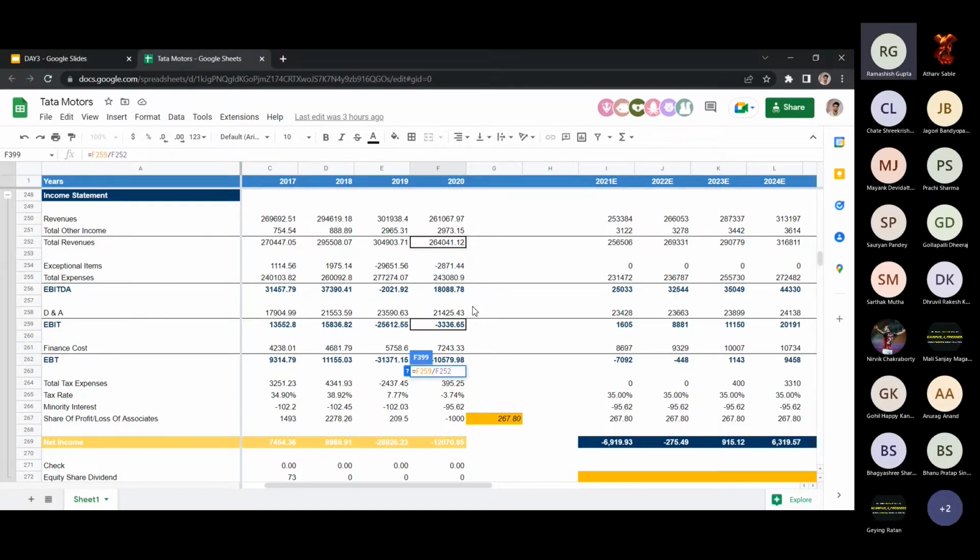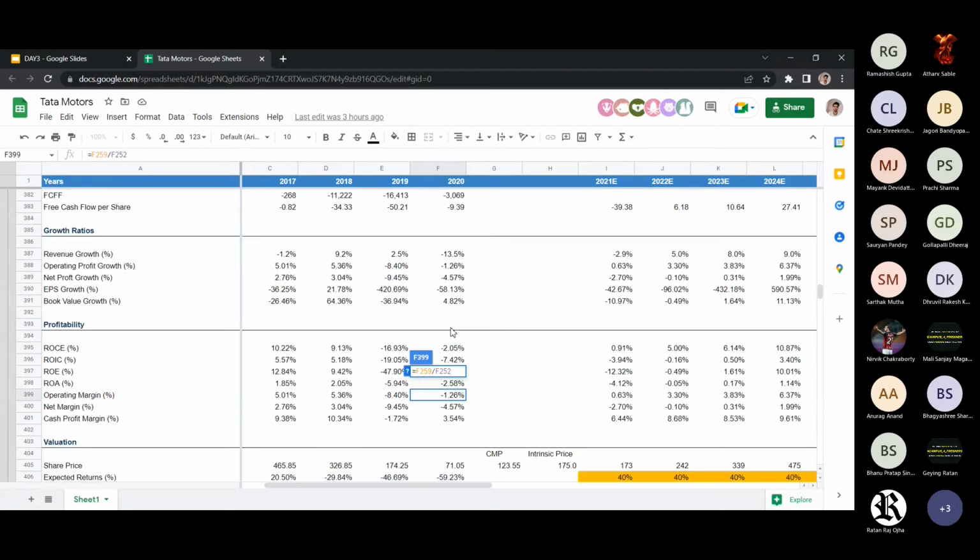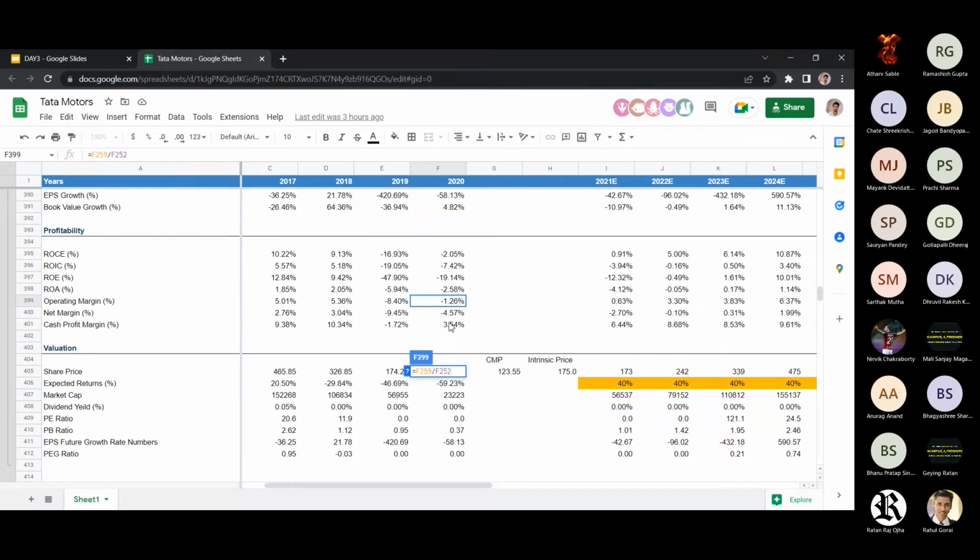First, we have generated a revenue, like we have sold something of 2,64,041, and we have earned, like, lost 3,336. Then the net income is negative. So it is a loss kind of.